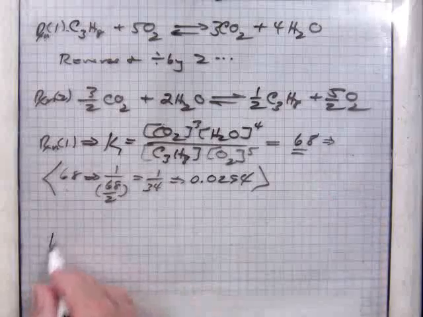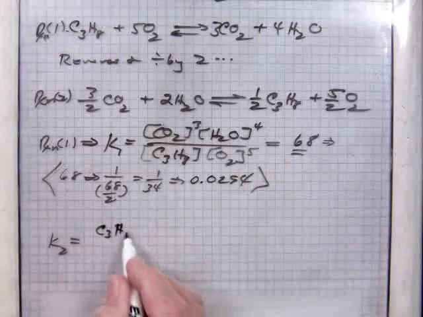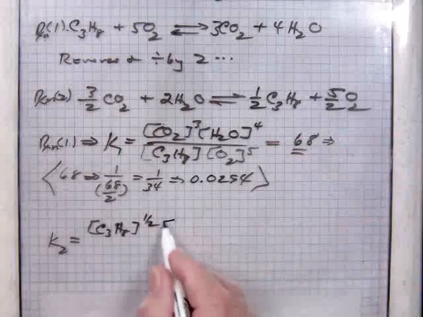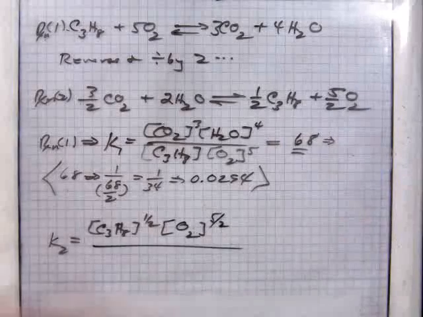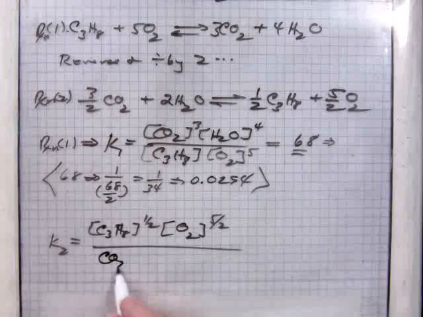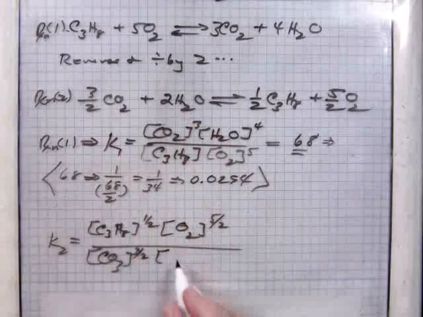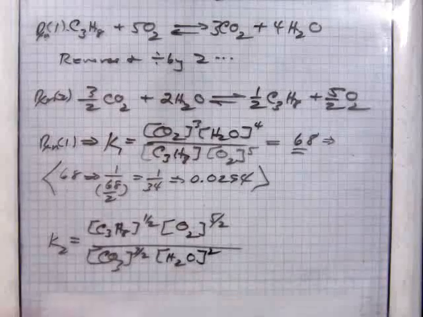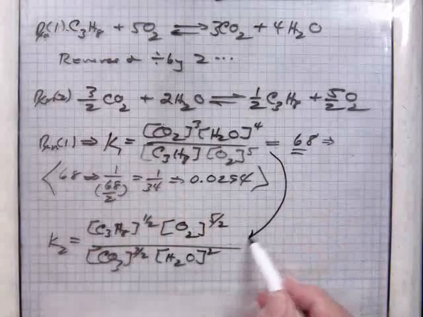So K2 in this case would be C3H8 to the 1/2 power, O2 to the 5/2 power, divided by CO2 to the 3/2 power and H2O squared.